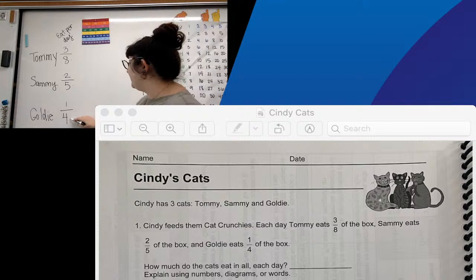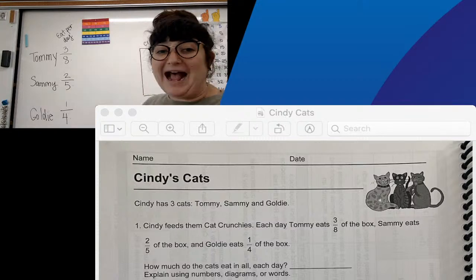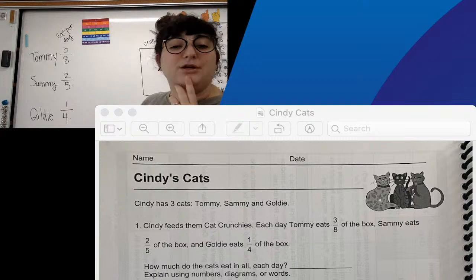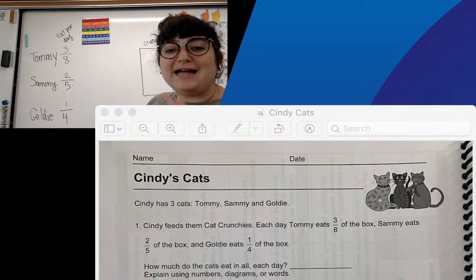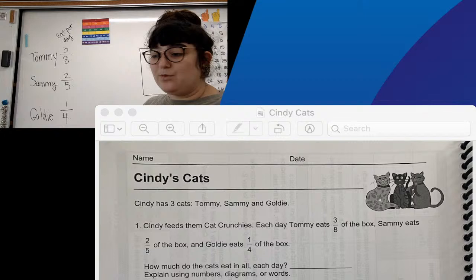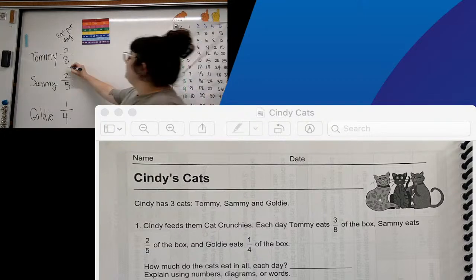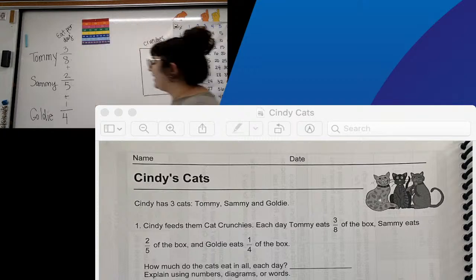So here we go, kiddos. We know this first equation is asking us to do what? Add or subtract. And how do you know? Well, when I look at how much do the cats eat in all, that's my key word, in all, that we are adding these up, okay?